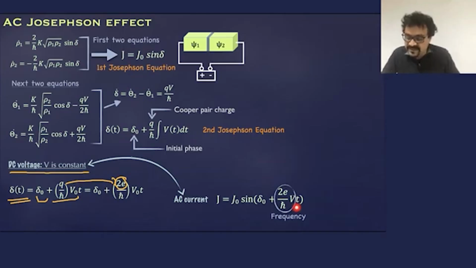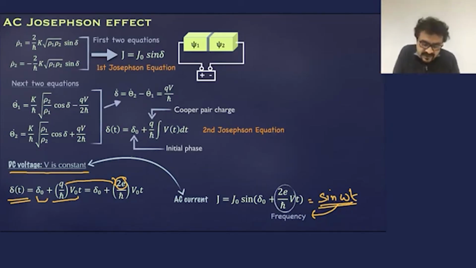And if you look at the magnitude of this term, 2e by h bar times V, that is the frequency. This is of the form sin(ωt), where ω is basically 2e by h bar times V. Of course, this represents an oscillating current.